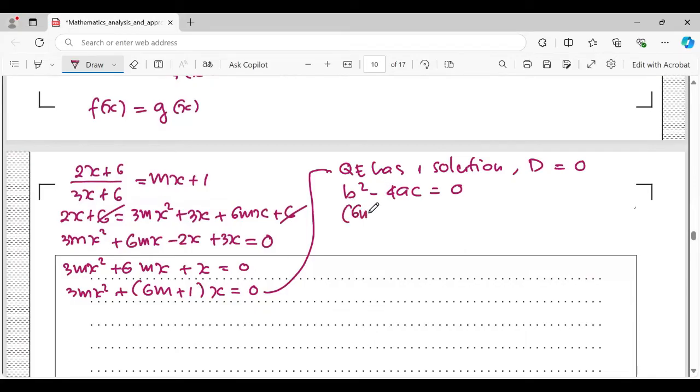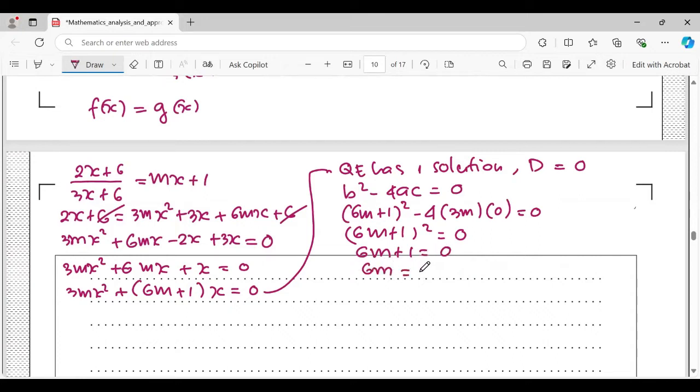So (6m plus 1) squared minus 4 times 3m times 0 equals 0. So (6m plus 1) squared equals 0, or 6m plus 1 equals 0. So 6m equals minus 1, m equals minus 1 over 6. So this is m.